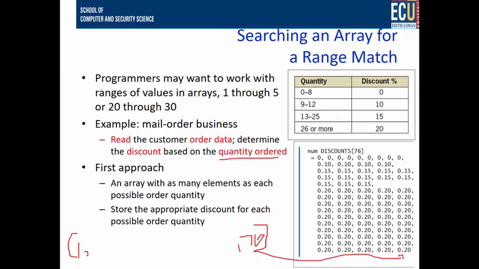So in the parallel arrays, we have the order quantity, being the quantity ordered by the customer, in one array, and in the corresponding array we have the discount. If the quantity is 33, then whatever is the discount at index 33 of this discount array will get applied. So using these arrays, this is a very simple solution.